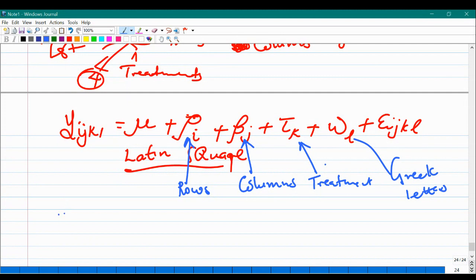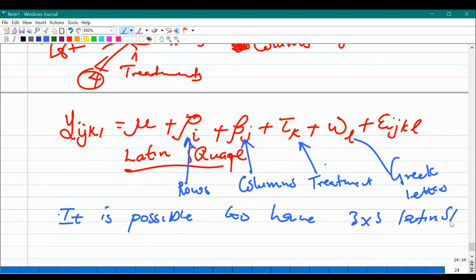The question that I can ask you is: is it possible that we can have a 3 by 3 Greco-Latin square design? Give an example. Is it possible to have a 3 by 3 Latin square design?